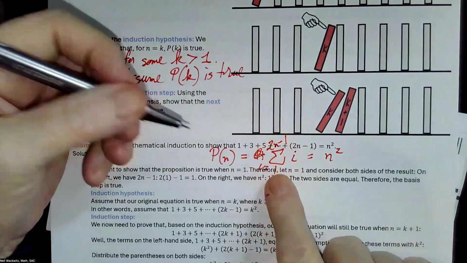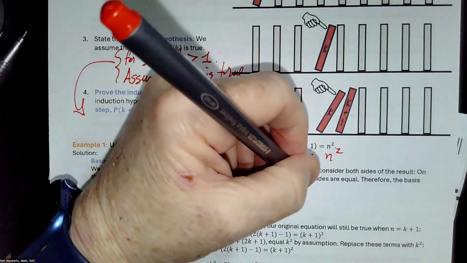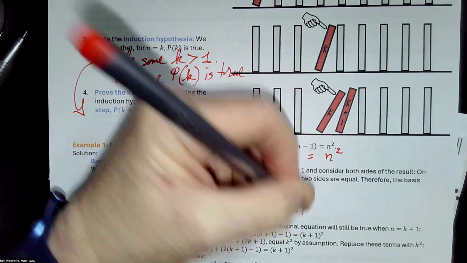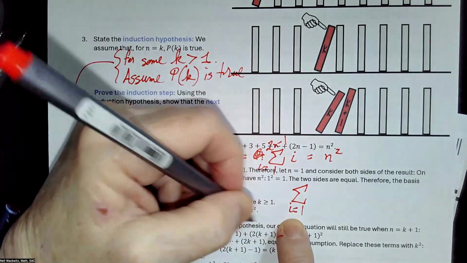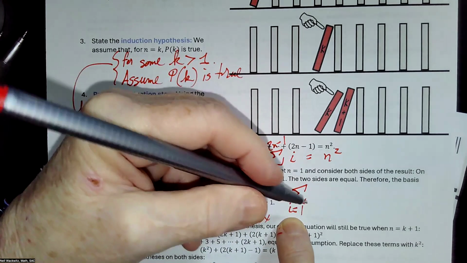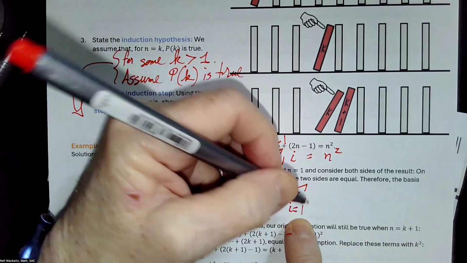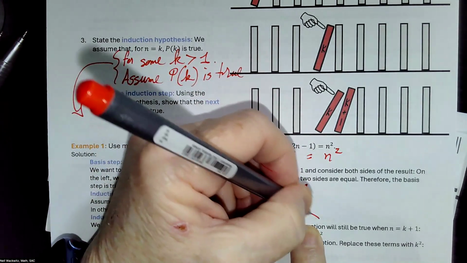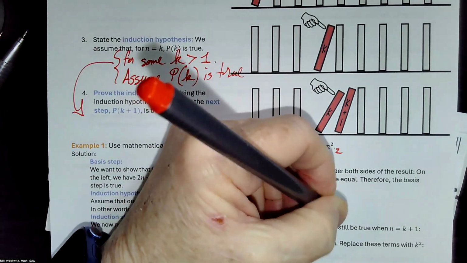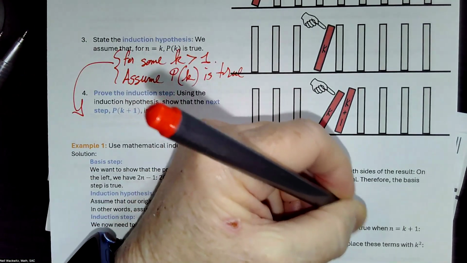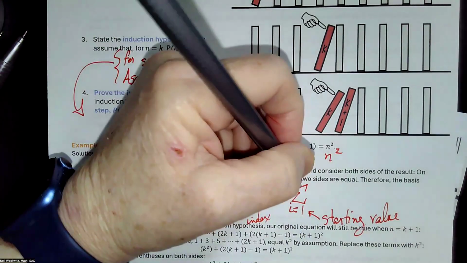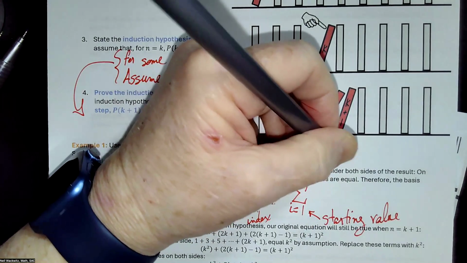And if you haven't seen this notation before, this bottom part is called the index. The value is the starting value. The top value is the ending value.